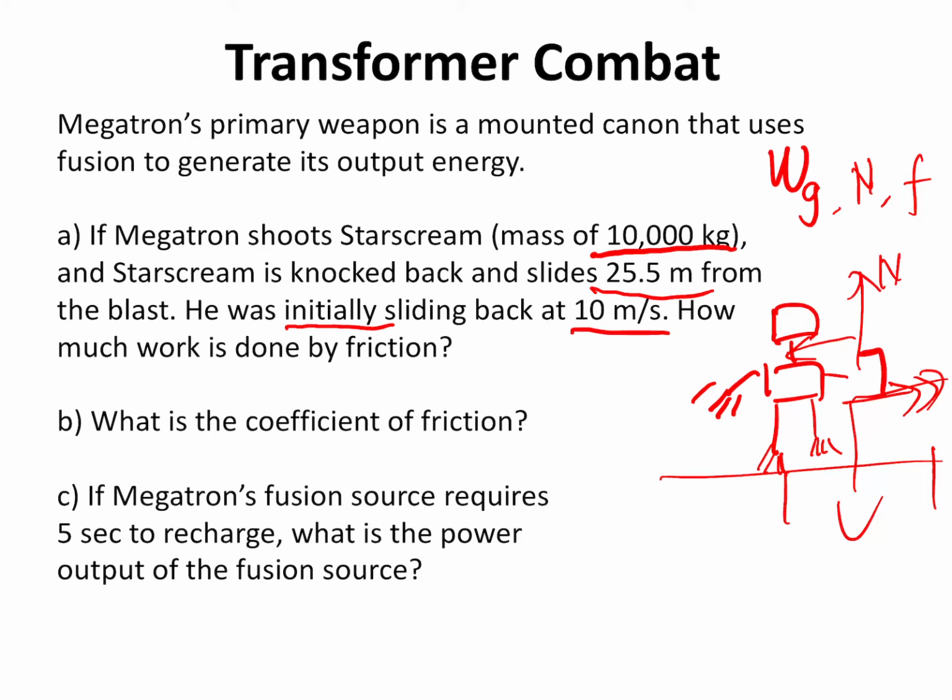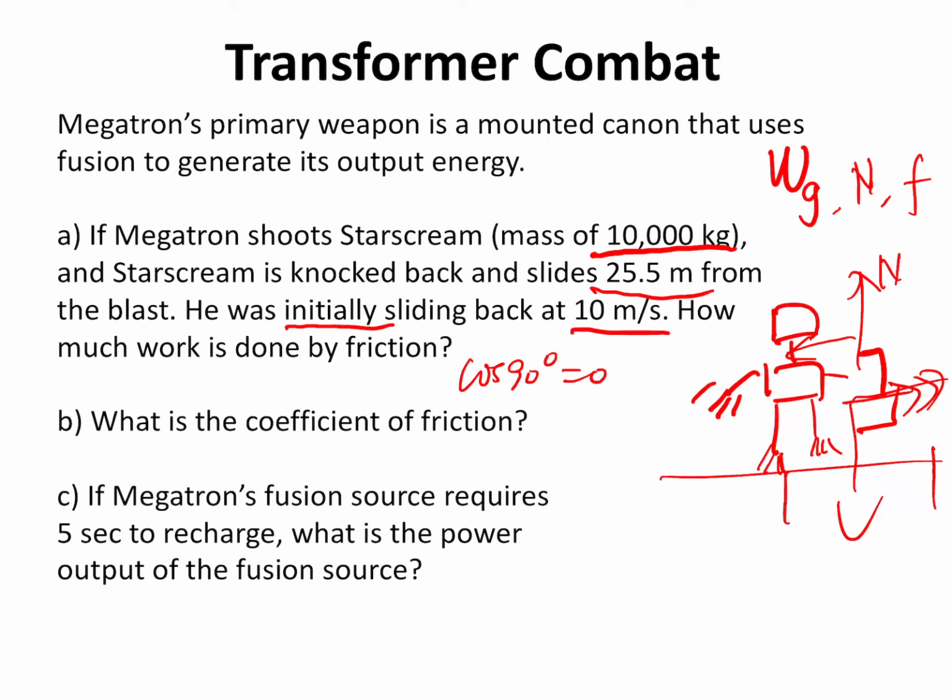So what's the angle between normal force and the displacement? 90 degrees. And what's the angle between gravity and displacement? 90 degrees. What's so special about 90 degrees? Because cosine of 90 degrees is 0. So in this case, normal force and gravity are not going to do any work. The only force that is doing work is friction.